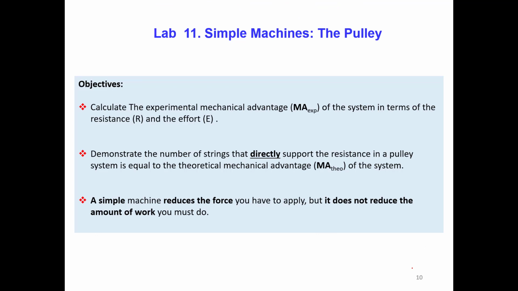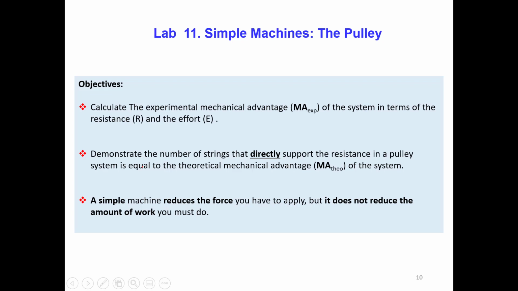Finally, in this experiment you will conduct simulations in which you will have different types of pulley systems, and you will calculate the experimental mechanical advantage of the systems in terms of the resistance and the effort.